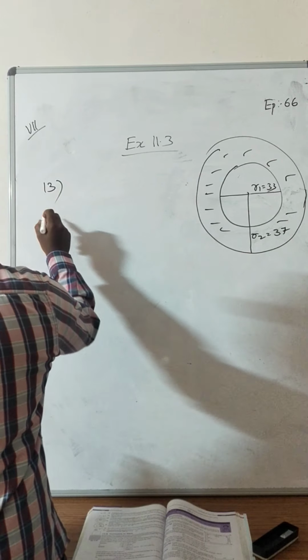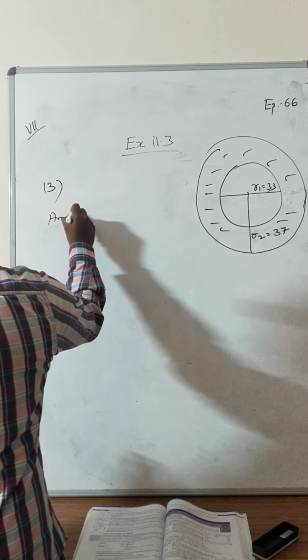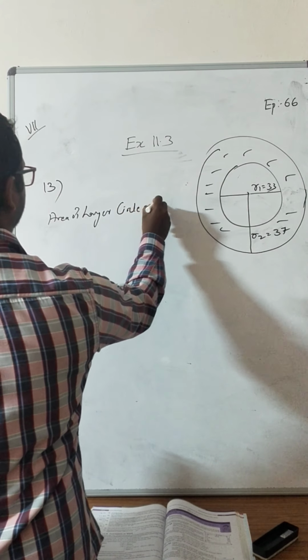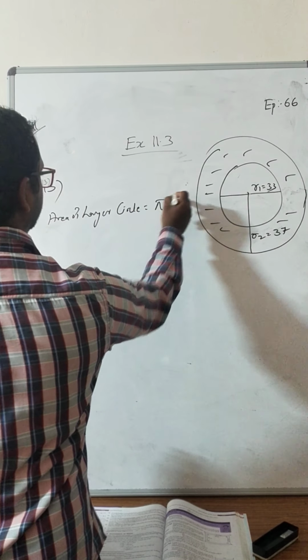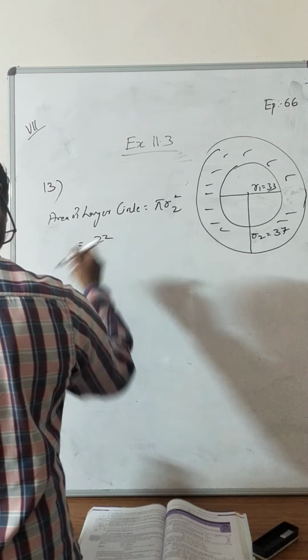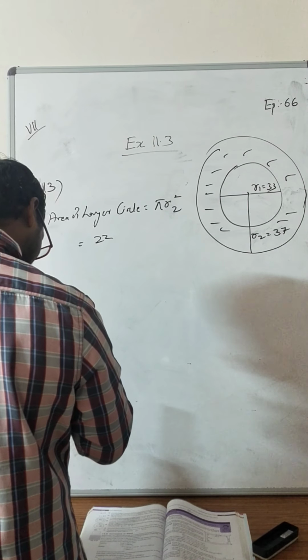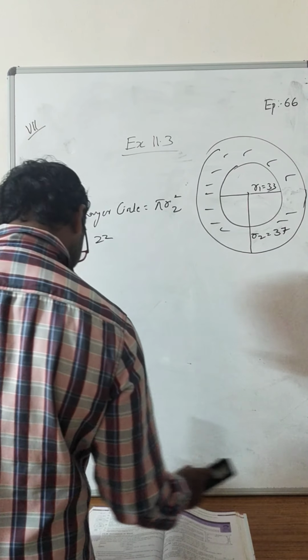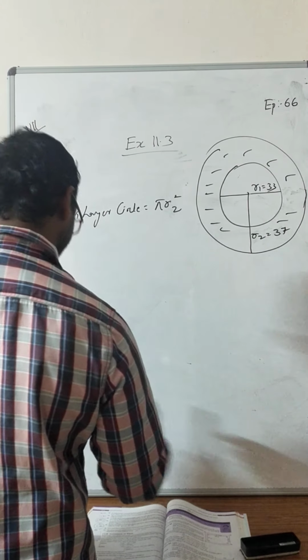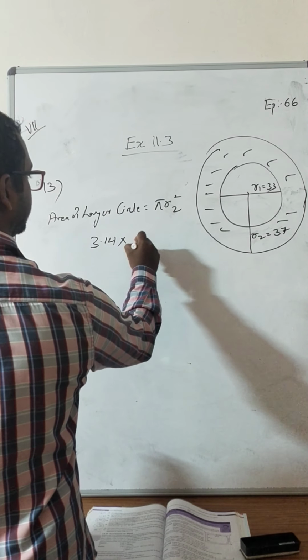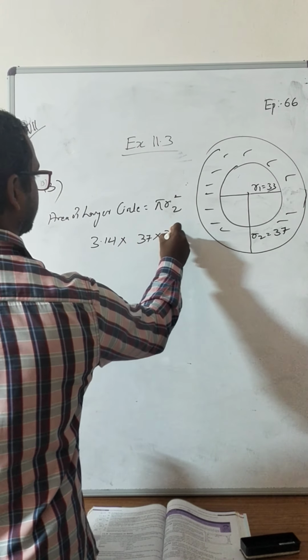Area of the larger circle is pi R2 square. Pi is 3.14 into radius 37 into 37.